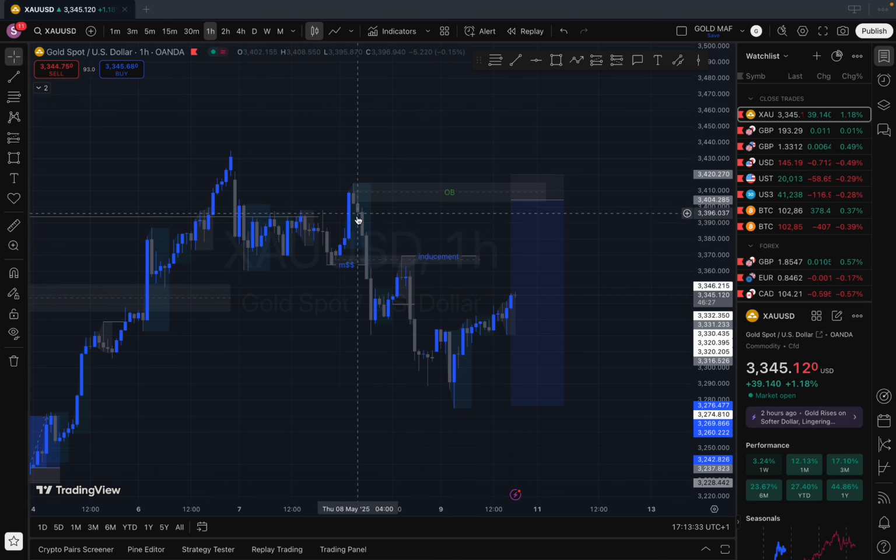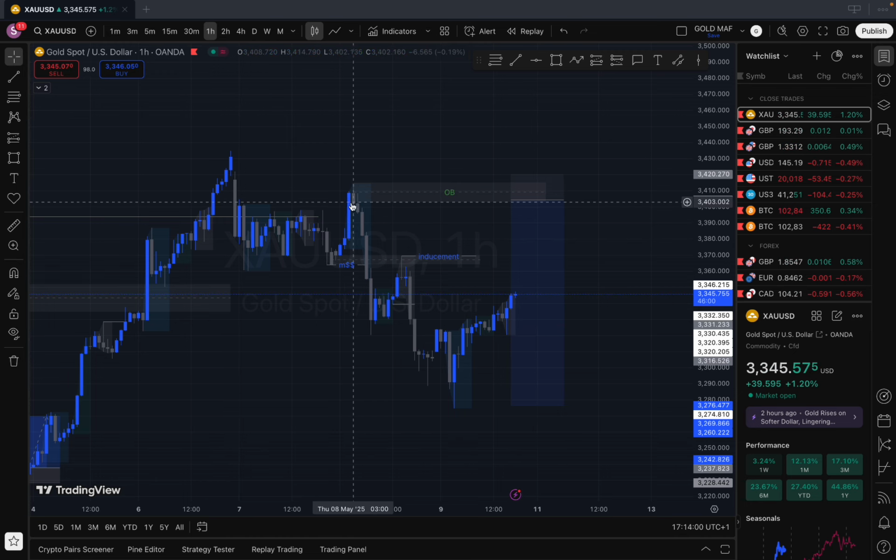What do I notice? Price came to this place, swept these lows here, and broke structure, creating a market structure shift, which makes this place a protected high. Protected high means price must not break that high. If it breaks that high, it has changed trend, it has changed direction.